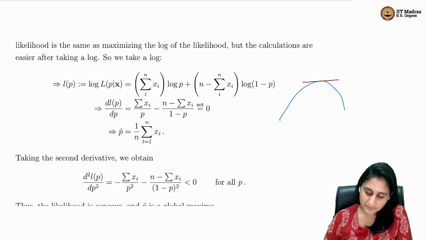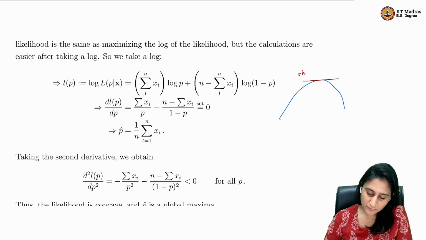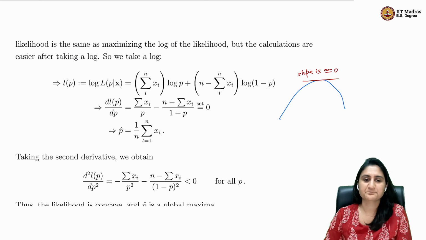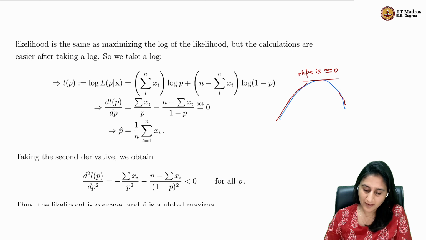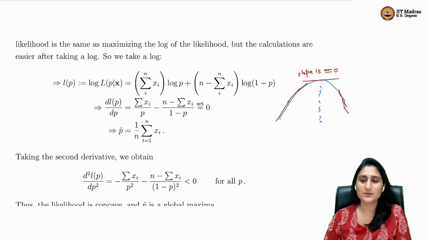And at the maxima, the slope of this line is equal to 0, right? So if I take the derivative of this function and I look at the slope everywhere and find, at what value of x is my slope equal to 0? That is the value of x that I want, right?